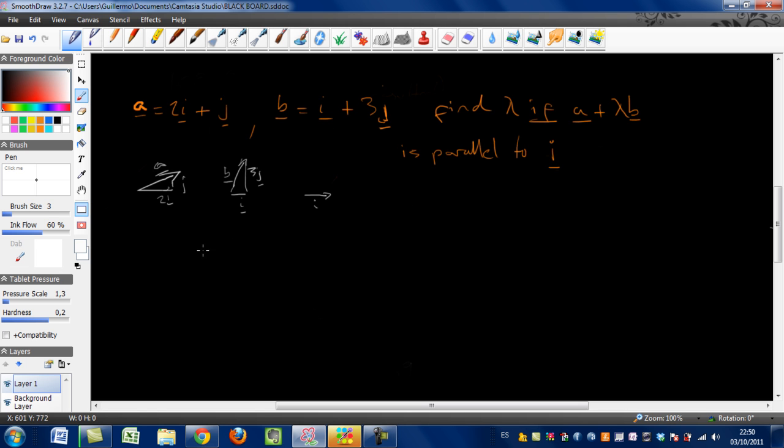Let's do it. The way we approach these is we write a plus lambda b. We're going to write it down here in a different form.